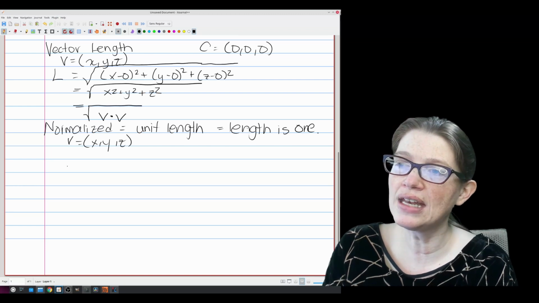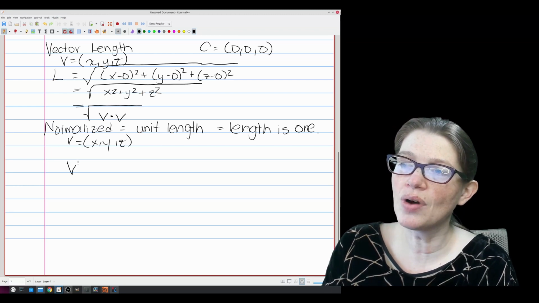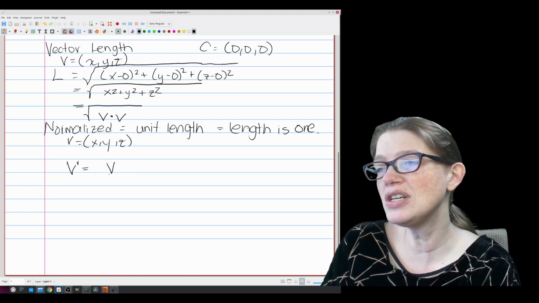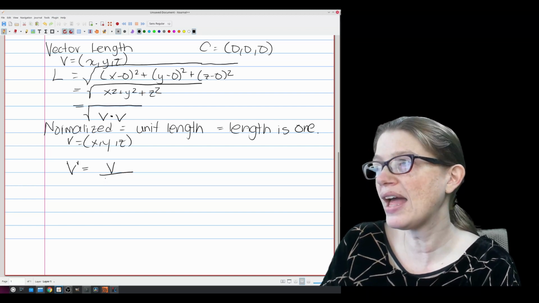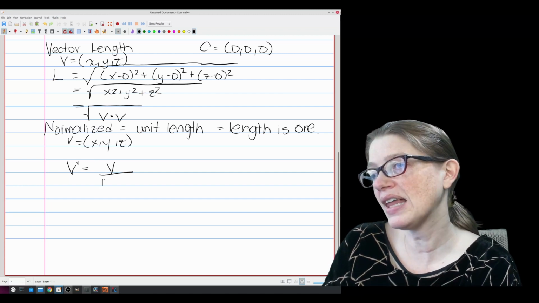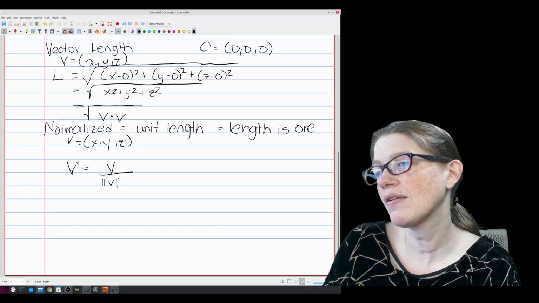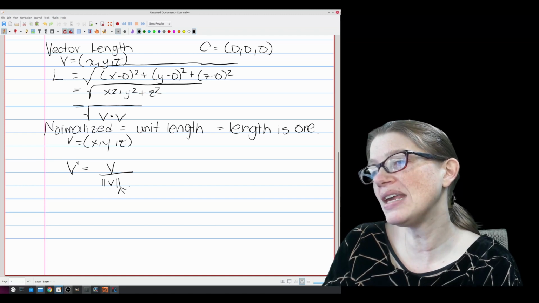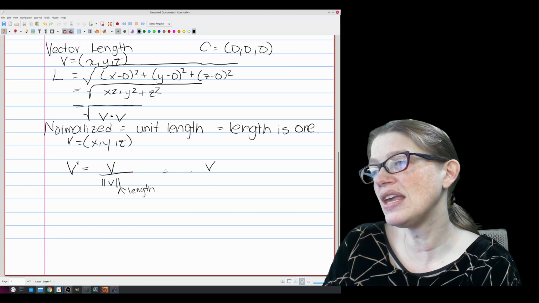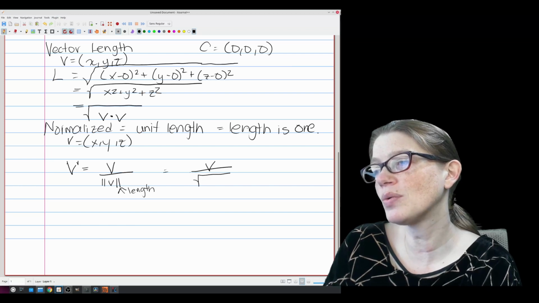And how we do that is we say v prime, our normalized vector, is equal to the original vector divided by, and how you will see it usually written is something like this. And what this symbol here means is the length. So this is equal to v divided by the square root of v dot v.